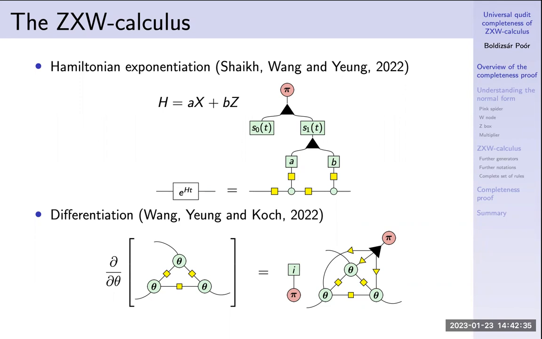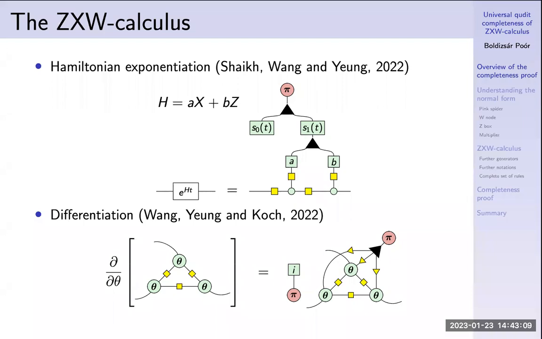For example, Racine, Harney, and Ritchie have a paper on Hamiltonian exponentiation and summation using the ZXW-calculus, and Harney, Ritchie, and Mark have a paper on how to differentiate and integrate ZX diagrams, and they also analyze its usage in quantum machine learning to detect Barren plateaus.